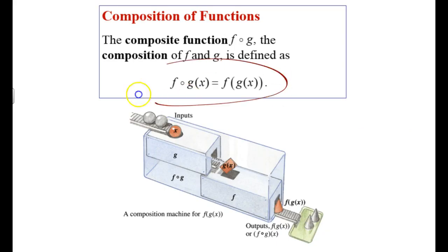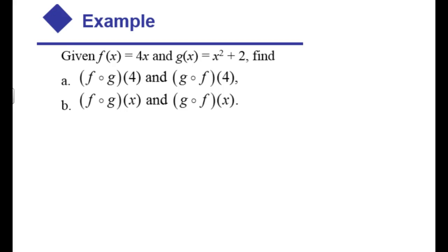So again, this is just notation that you need to be familiar with. If ever you see f of g at x, I would immediately write g in yellow and f in pink. I think that will make a little bit more sense. So you can see you do the inside function first, g at x, find that value, and then plug it into the f at x. Maybe it'll make more sense if I show you an example here.